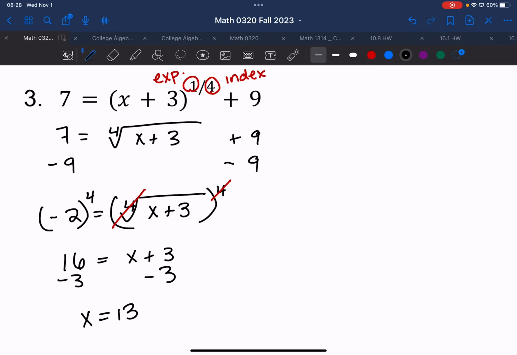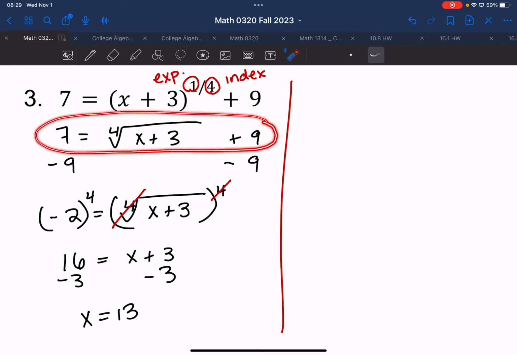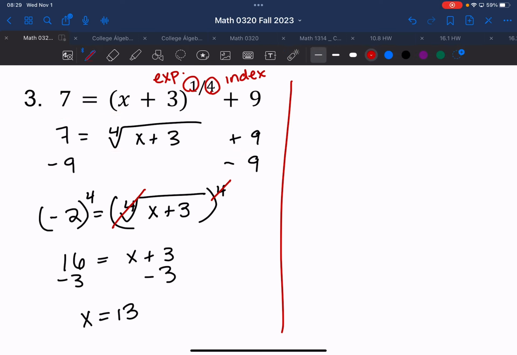Before I circle that answer, I need to do what? I need to check my 13. So I'm going to plug 13 into this part of the equation, right? After we already turned it into a radical. Just easiest that way. So I have 7 is equal to the 4th root of 13 plus 3, plus 9.